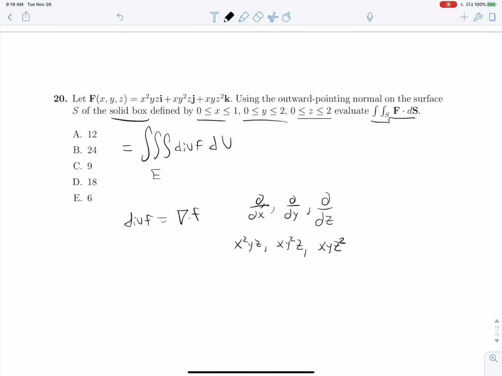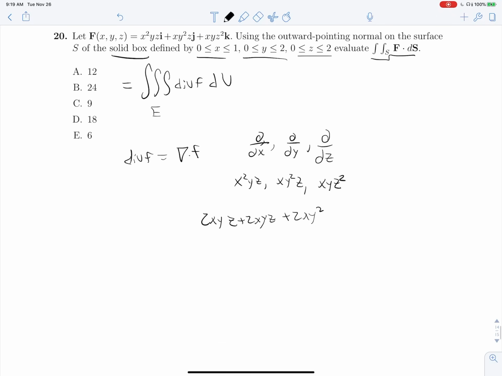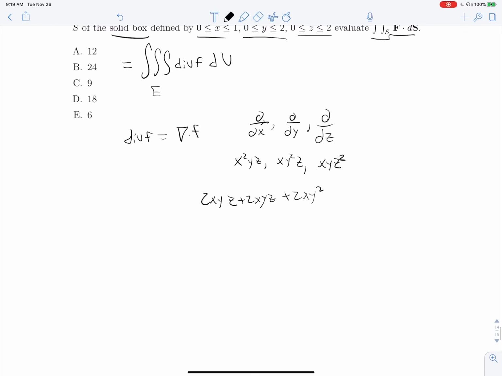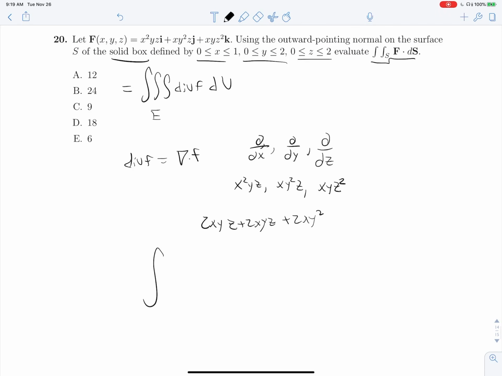And so doing this dot product, we will get 2xyz plus 2xyz plus 2xyz. And so now we can set up our final integral, which is going to be the triple integral dx dy dz, where x runs from 0 to 1, y runs from 0 to 2, and z runs from 0 to 2 of 6xyz.